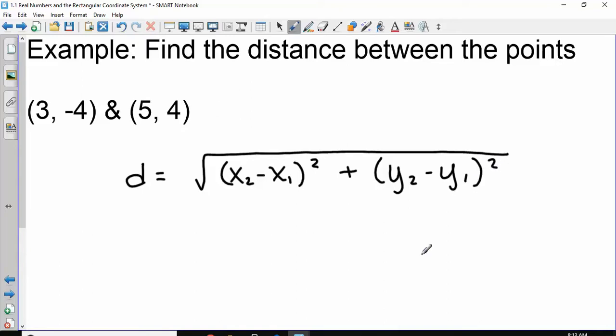In these ordered pairs, it doesn't matter which x you use first, but the mistake I see, if I call this x1, that's the x of the first ordered pair, what's this -4? That's y1. So this is like your x2 and your y2.